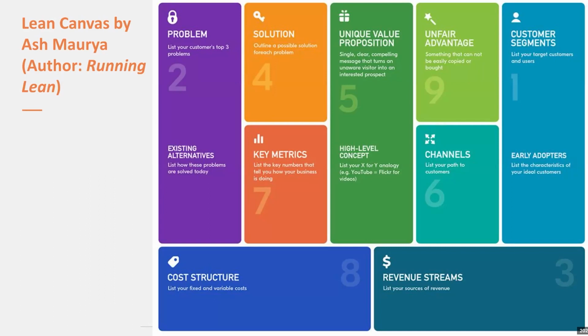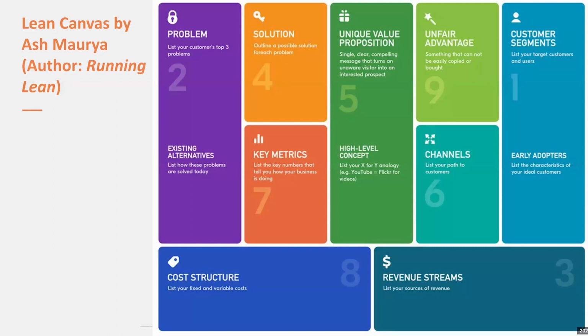Then define the problem. Define the top 3 problems that your customers are facing. And I spoke about that. For my mom, the biggest problem is it's so difficult for her to connect the phone over Bluetooth to the device, then transfer music, find what music to play, and so on. Those are all the problems for the customer that Carvaan solves.